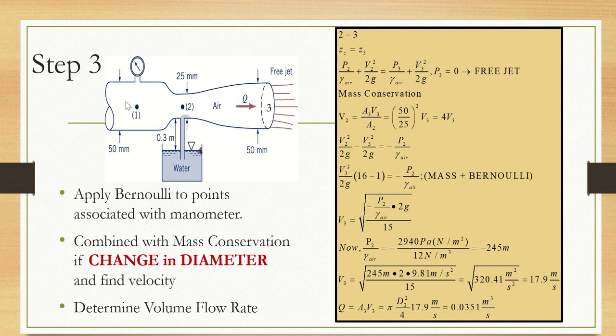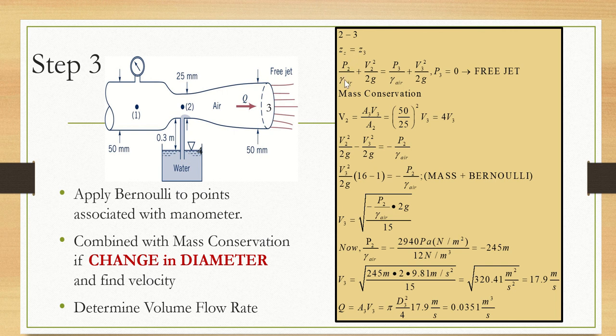Well, I do not know the pressure at 1 or the velocity at 1, and I don't know V3, but I do know the pressure at 3. I know that the pressure at 3 is 0 because it is a free jet. And I know that Z2 is equal to Z3.